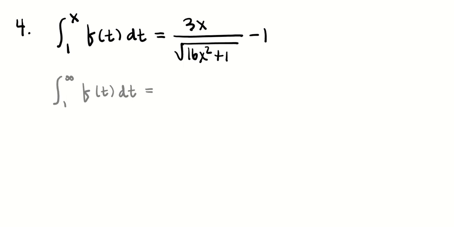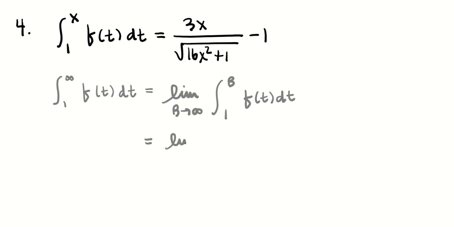So what you need to remember is, okay, if you're integrating from 1 to infinity, that's the limit as the upper bound goes to infinity of the integral from 1 to b. And that's just going to be the limit as b goes to infinity of 3b over square root of 16b squared plus 1 minus 1.